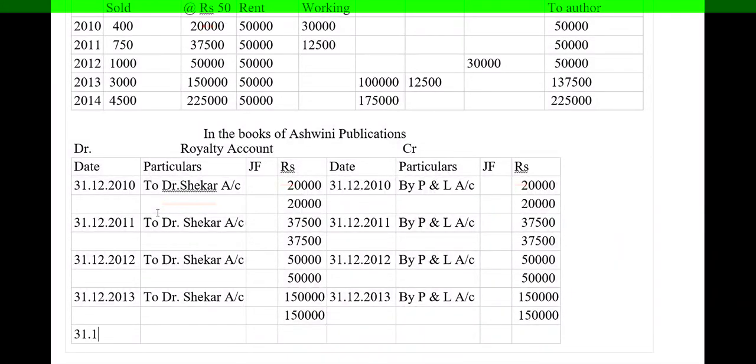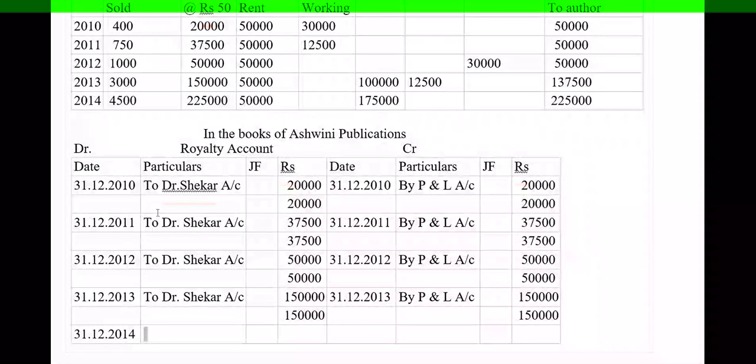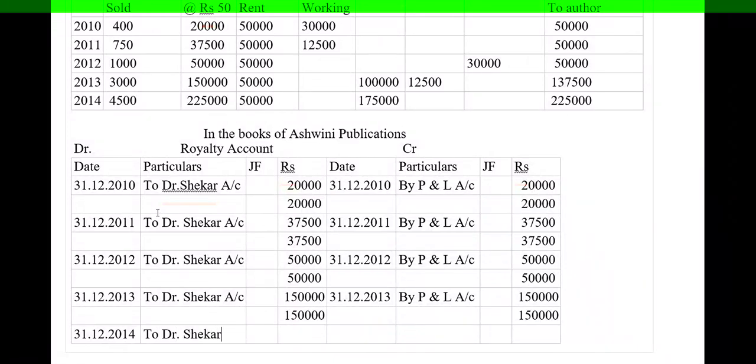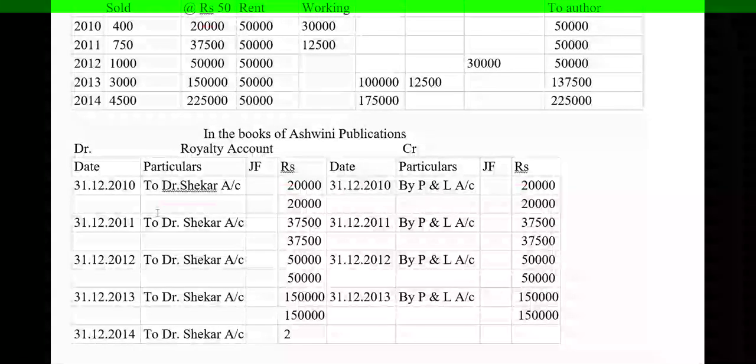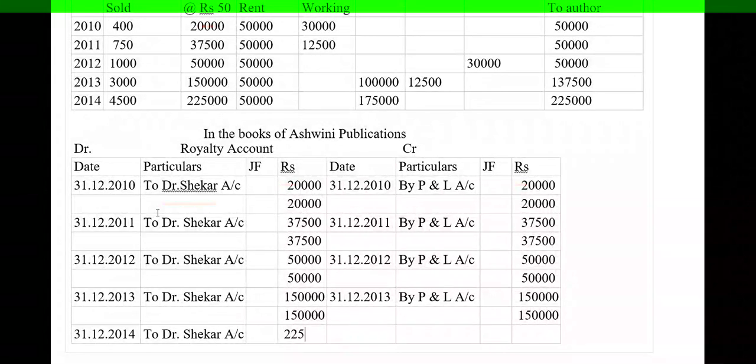So on 31st/12/2014, when the royalty is payable, it will be royalty account to Dr. Shekhar's account. So the royalty payable will be 2,25,000. When this is transferred on 31st/12/2014, the entry will be profit and loss account debit to royalty account.